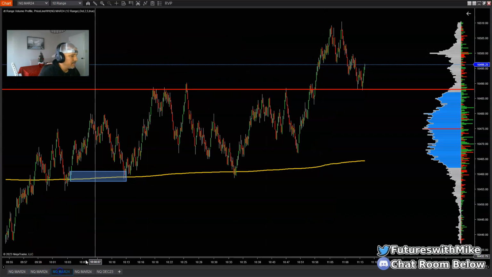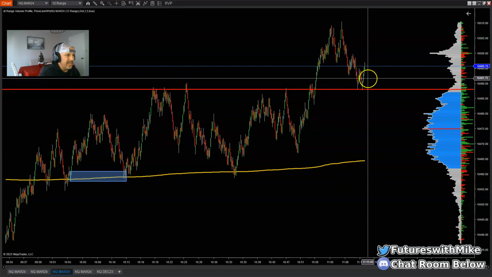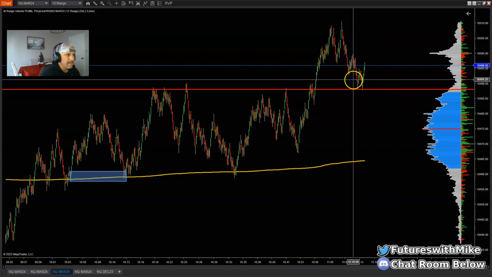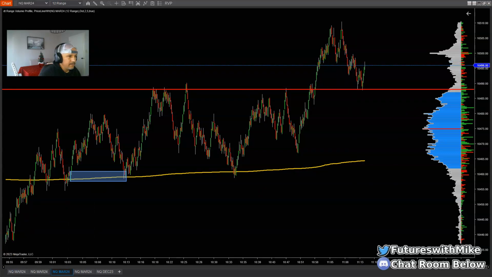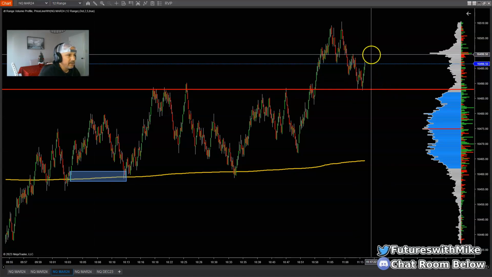So let's focus on what's going on here. If we get a pullback right here, I'd be looking to take this thing long. Let's see if we can get a pullback, and I'll be looking to go long with it.